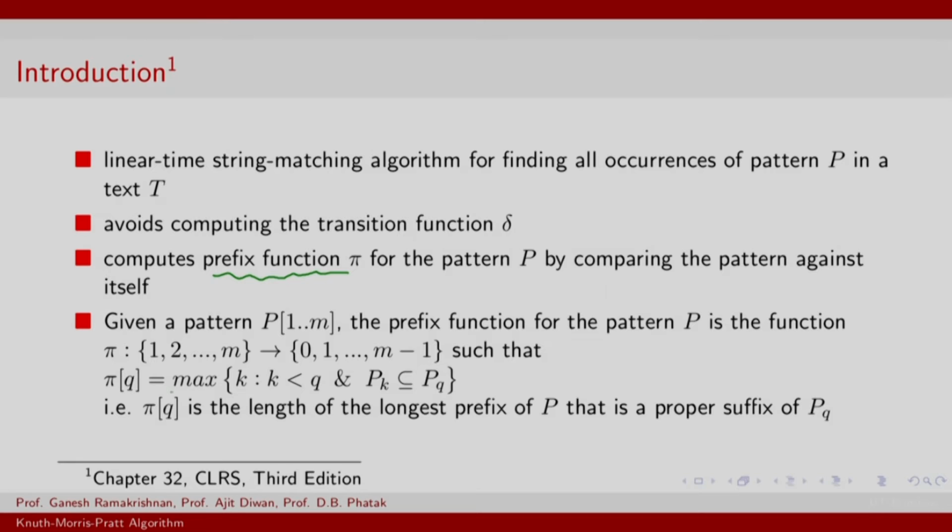So pi q is the maximum value of the index k such that Pk, the string from 1 to k in P, happens to be a proper suffix of the string Pq. So k is therefore the length of the longest prefix of P that is a proper suffix of Pq. Recall that this was exactly the idea that was used to compute delta. We are going to leverage pi q directly.